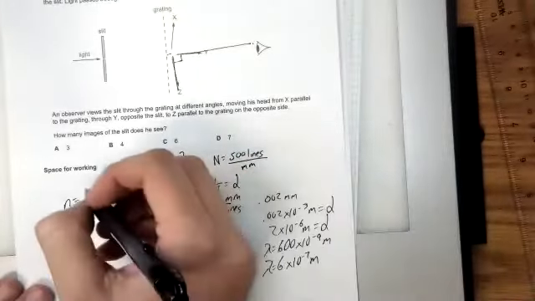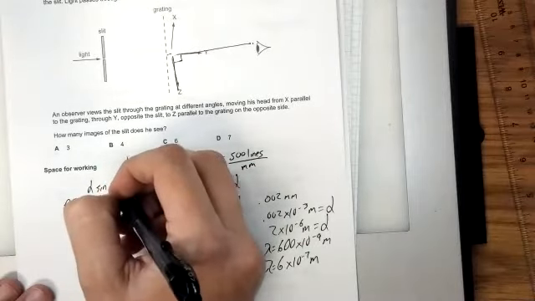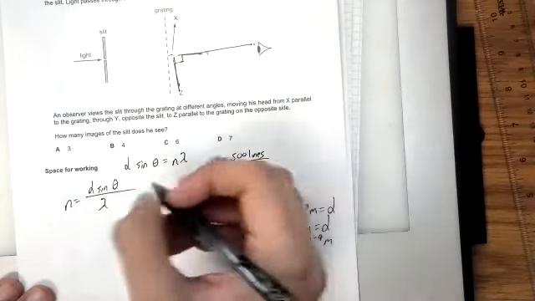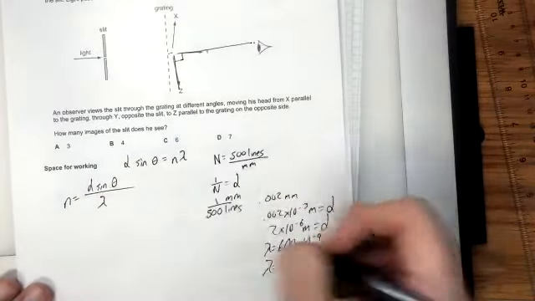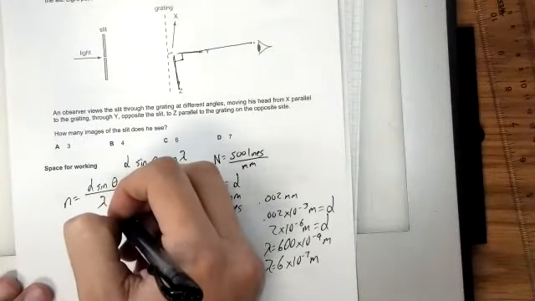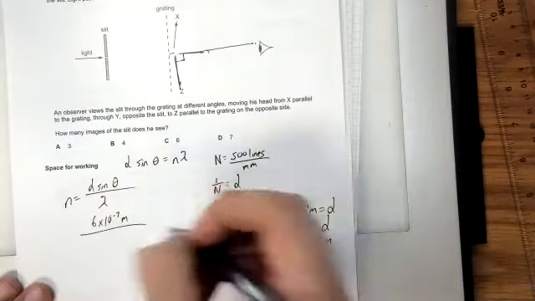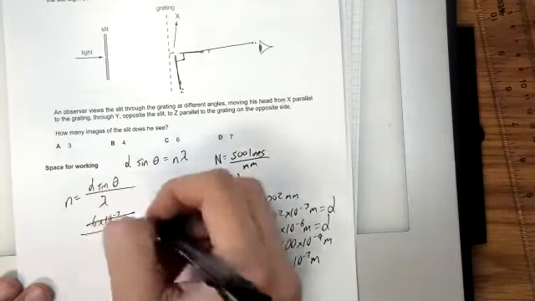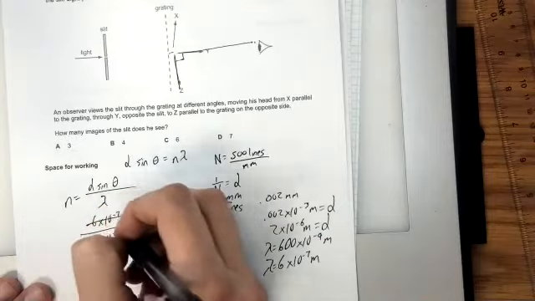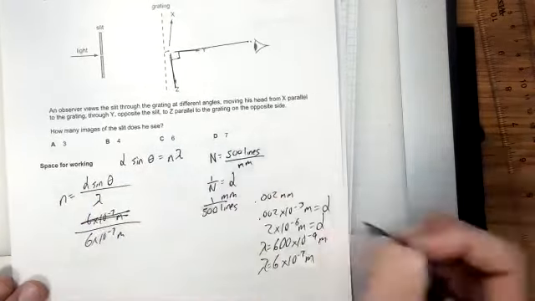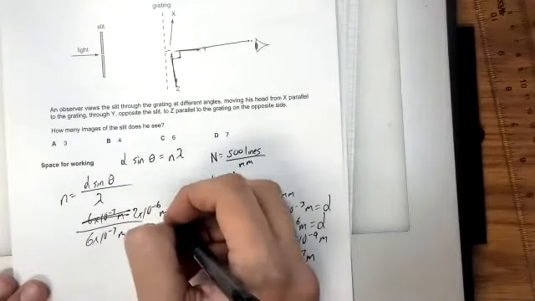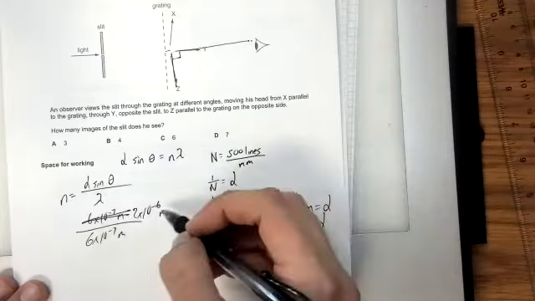So n would be equal to, if we divide by lambda, d sine theta over lambda. Sine 90 is 1, right? So that term goes away, and we get 2 by 10 to the negative 6 meters for d in the numerator, divided by 6 by 10 to the negative 7 meters, the wavelength lambda, in the denominator. Note that the order number n is going to have no units.